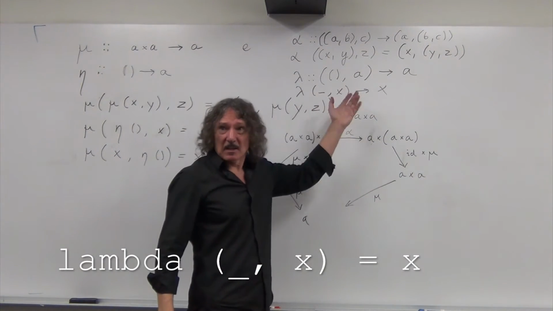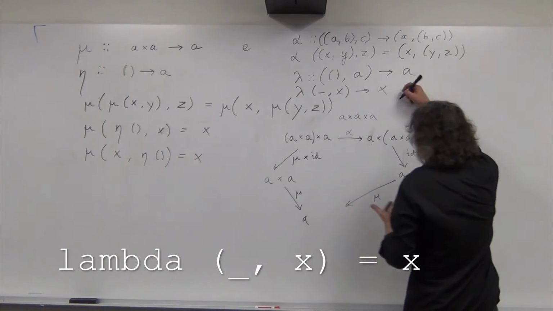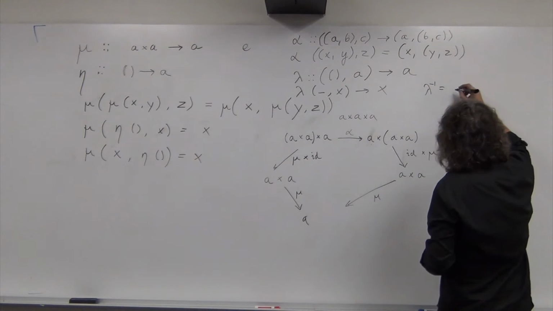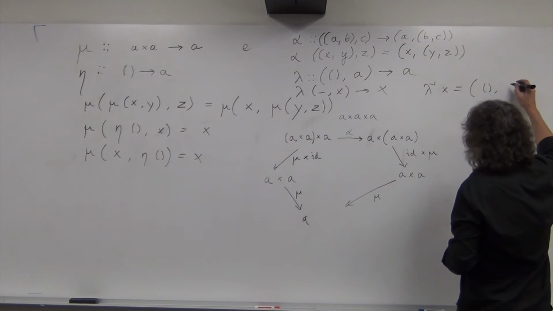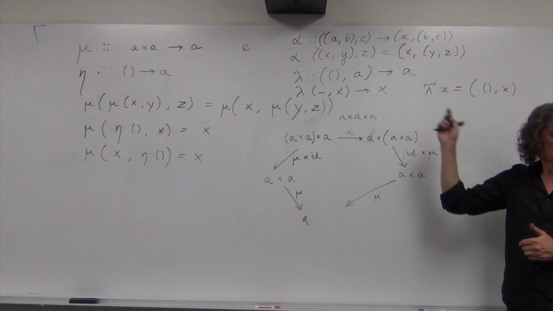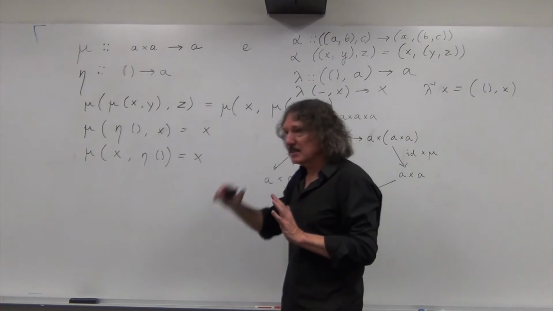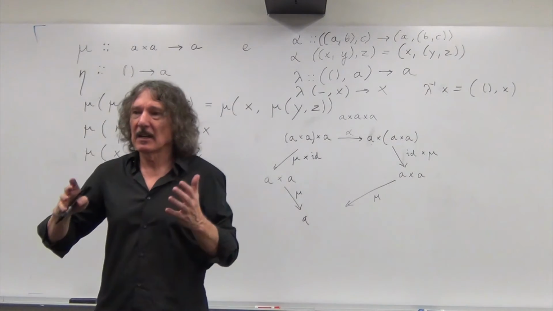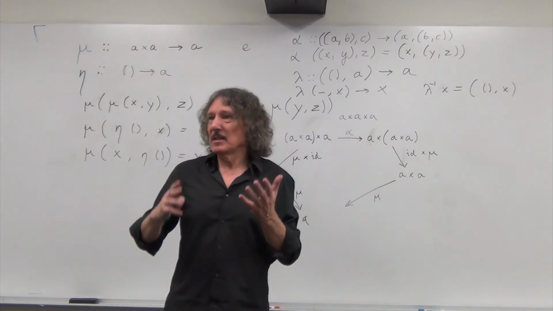And this is invertible. These are isomorphisms. The inverse of this is just: take X and produce the pair. Lambda inverse acting on X is equal to unit value with X. And that's the inverse of this. So this just shows you that the pair type, the product in Haskell, is monoidal, but up to isomorphism.